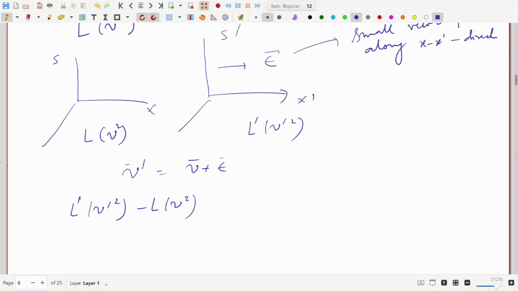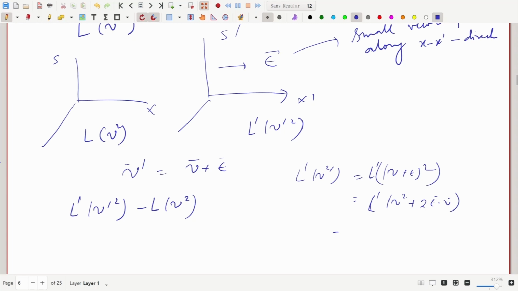If we expand L'(v'²), which is L'((v+epsilon)²), then it is L'(v² + 2 epsilon·v). I am neglecting the epsilon square term because I already said epsilon is a very small velocity.